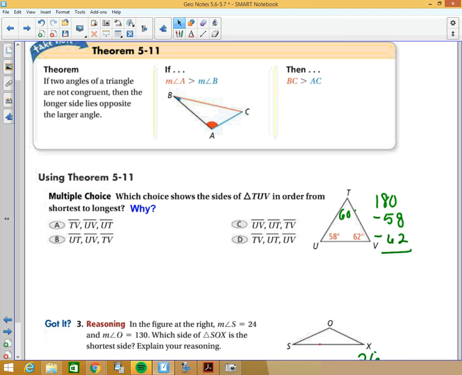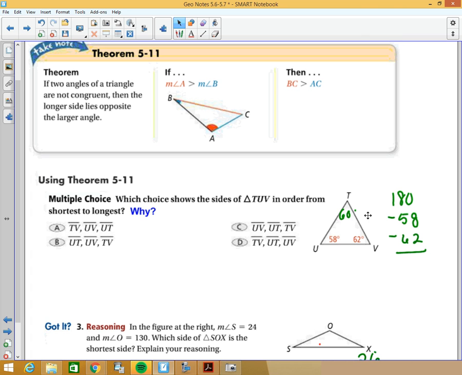Now, I'm going to look at my question, and my question asks me to rank my sides from shortest to longest. So I'm going to do that based on the angle. I'm going to find the smallest angle. Which one's the smallest angle? 58 degrees, or U. It's going to be across from the shortest side, right?